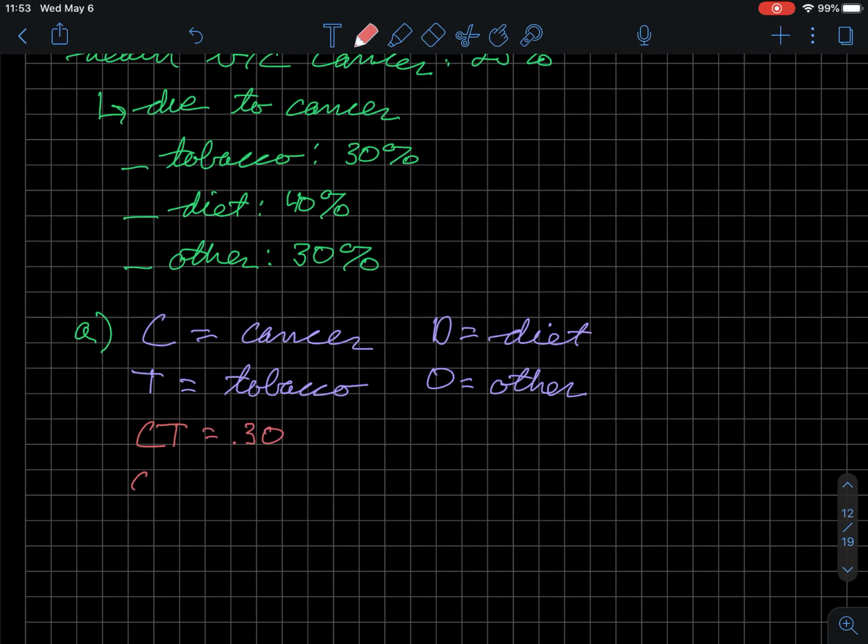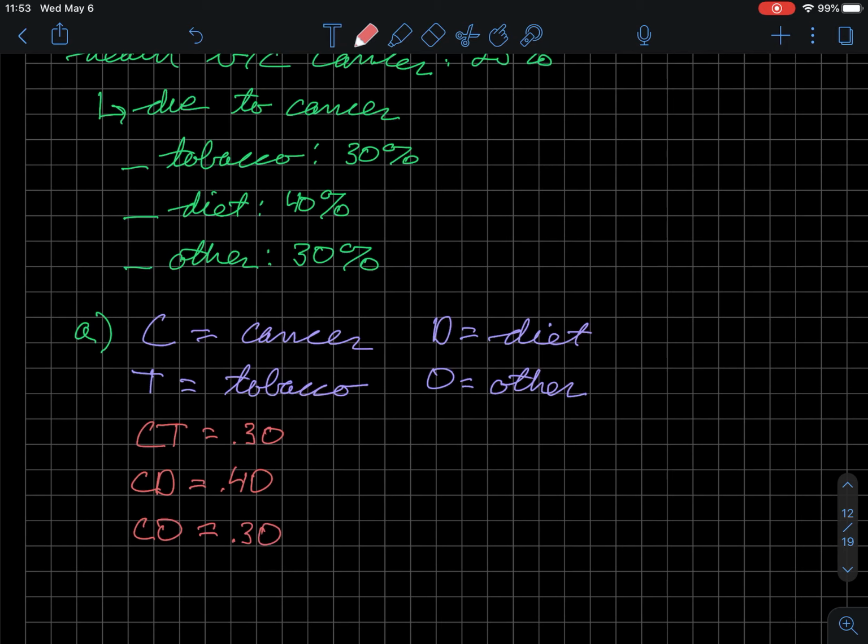We have a cancer death due to diet, which is 0.40. And we have a cancer death due to other, which is equal to 0.30, right?